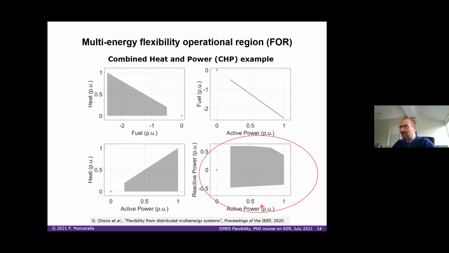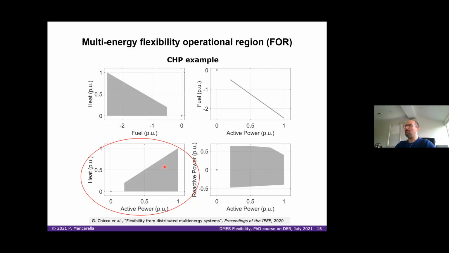But then, particularly interesting here is how I model the relationship between active power and heat. Because effectively, if I move from minimum stable generation for active power to producing more and more electricity, depending on the specific characteristic of your CHP, but in this case I'm just assuming the heat grows linearly with how much electricity you produce, then you can move across this line here.